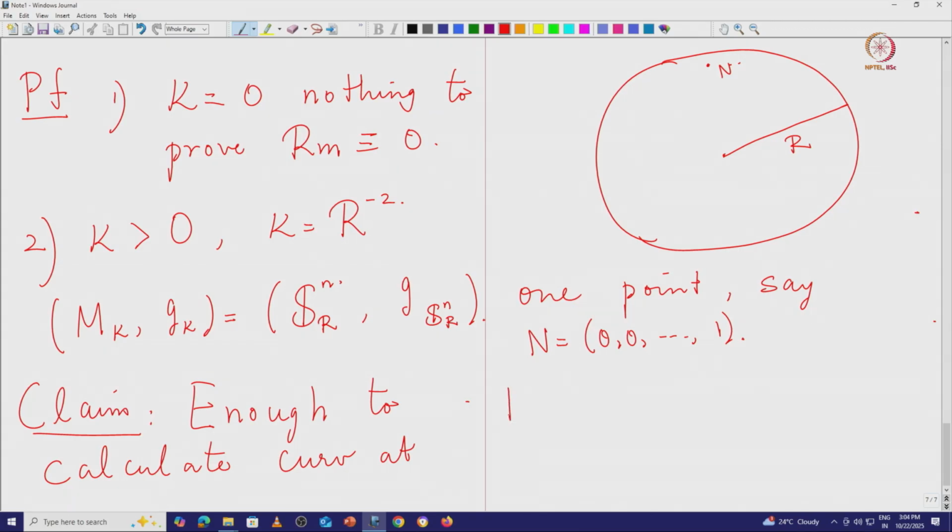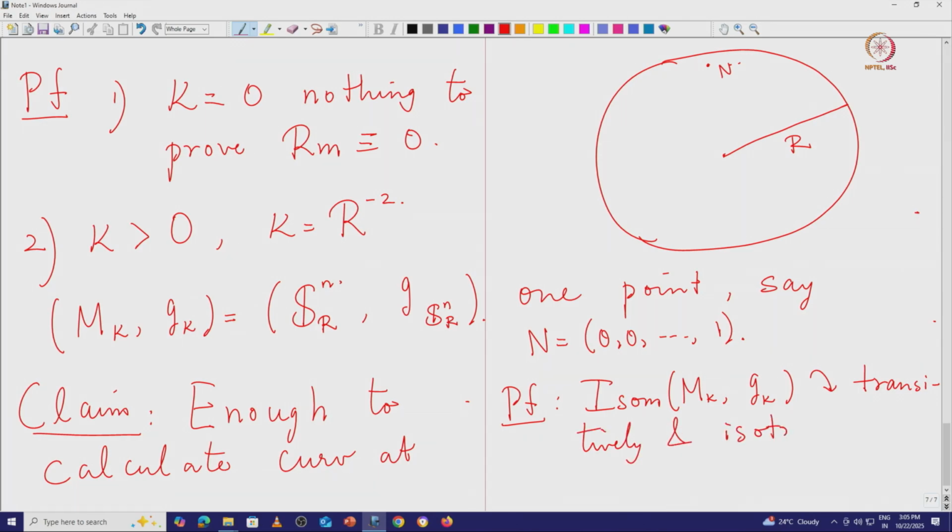Why is that? That is because the isometry group acts transitively and also isotropically. Right. So the sphere is a highly symmetric object. So if you calculate the curvature at the north pole, that is good enough. Okay. All right. So that's what I am going to do.